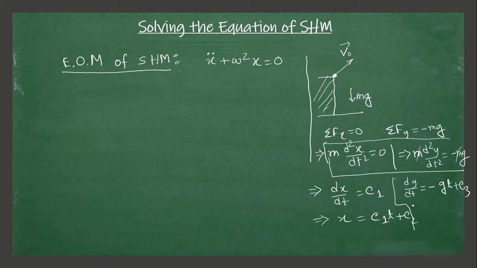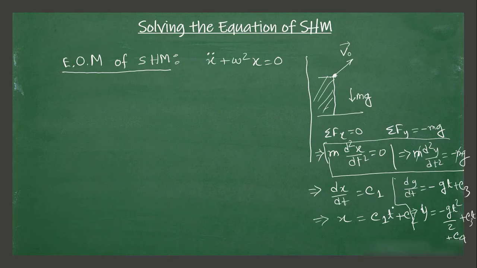Let us call that c3. Okay, now let us integrate it further. Then we will get y, which will be equal to minus g times, if you integrate t with respect to t, you get t squared over 2, plus c3 times time plus c4.